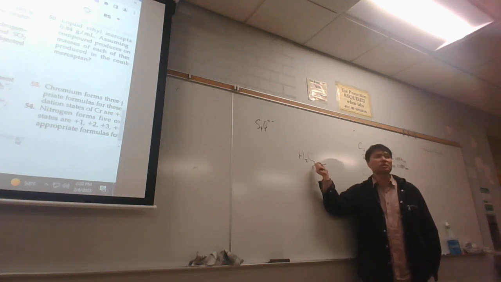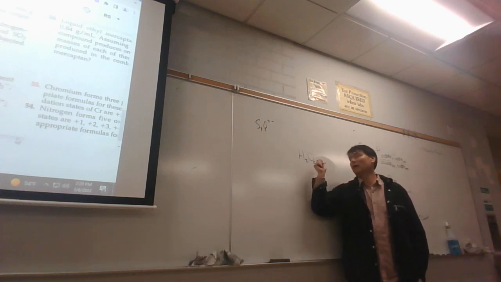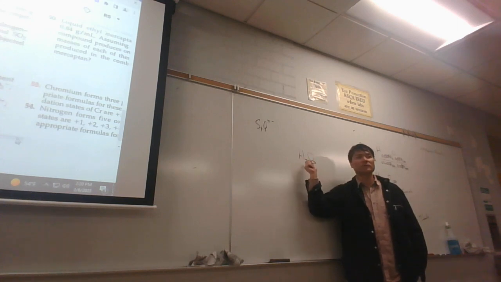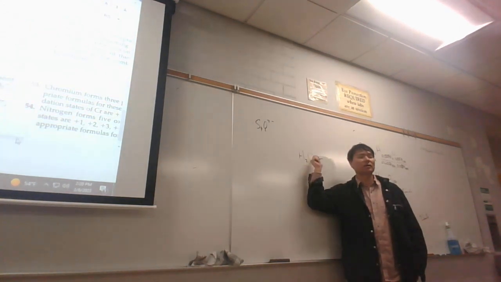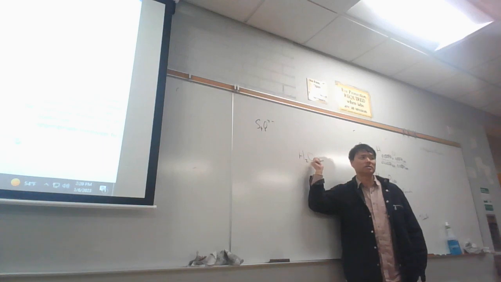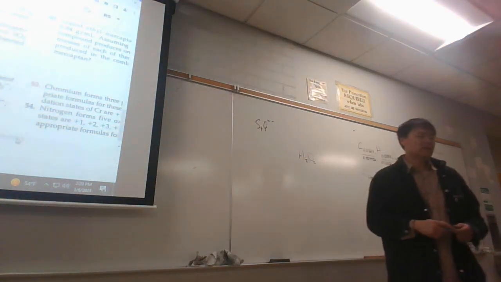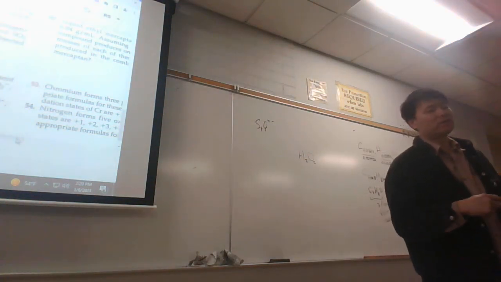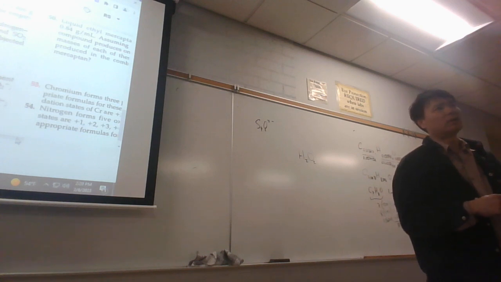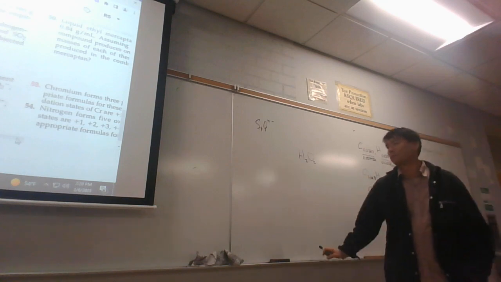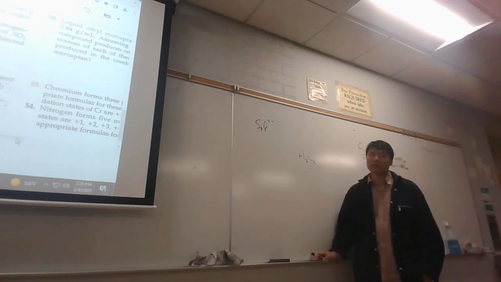Because if we did oxygen first, oxygen would get -2. And that means hydrogen would be, well, if oxygen is -2, hydrogen must be +2 in order to add up to 0. But it's impossible for hydrogen because hydrogen only has 1 electron. And so the max charge on hydrogen is +1. It can't go to +2. And so this is why we need to do it in the sequence.